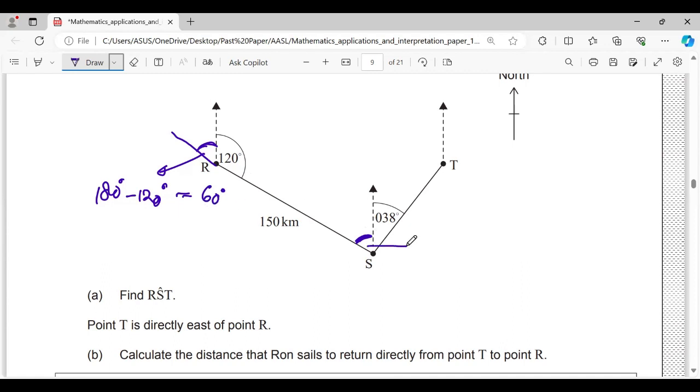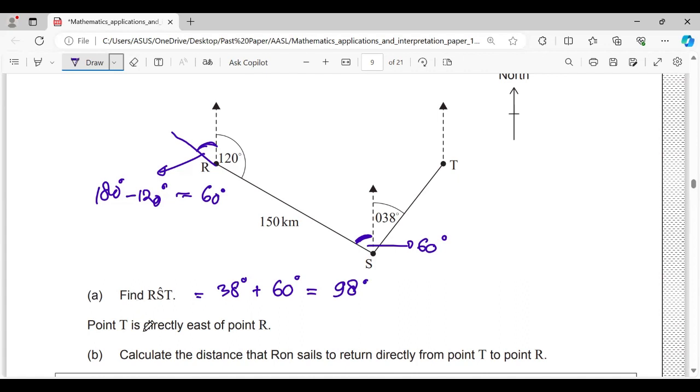So this is 60. So RST equals 38 plus 60. It is 98 degrees.